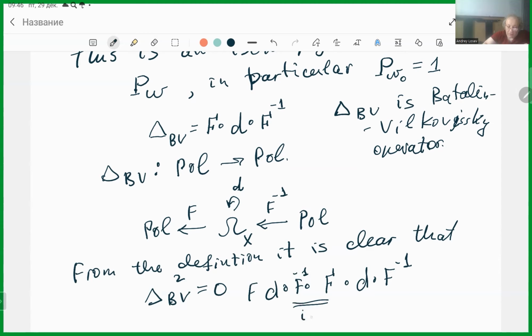So this gives the identity map, and here I have d squared.